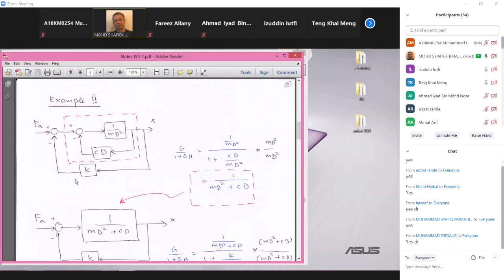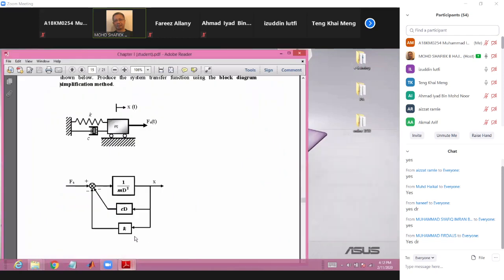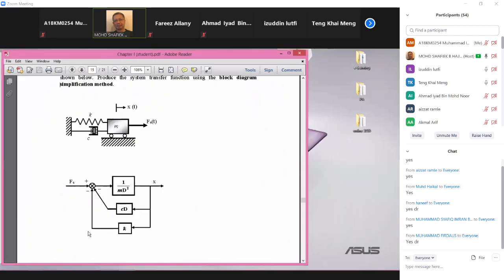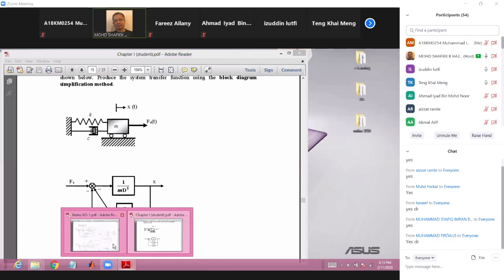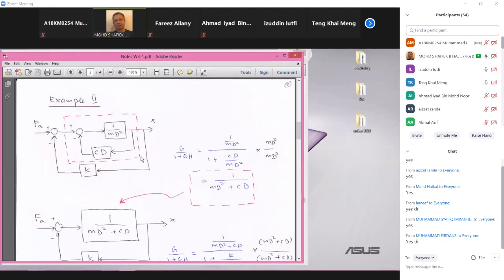So this block diagram is equivalent with the original block diagram. I haven't done anything yet. I just split the summing junction and took the takeoff point at two different points. And then if you see here, the one that I have enclosed in red dotted line, this is just a feedback loop.